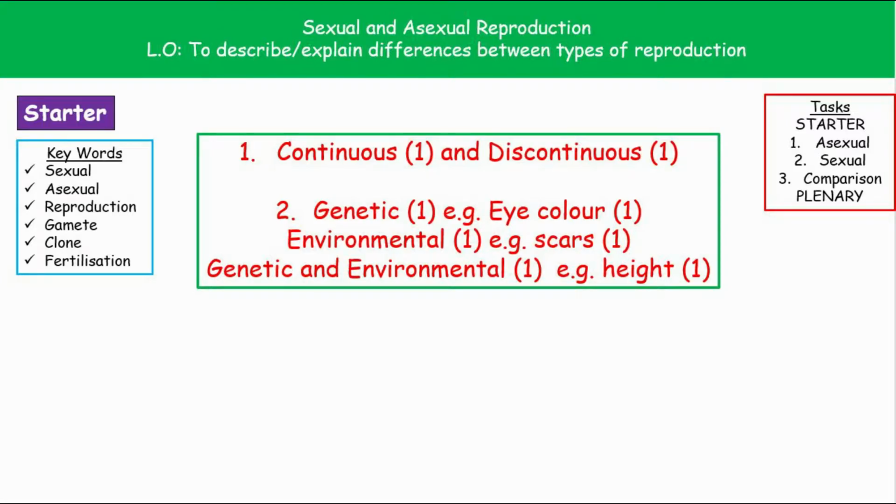So 1 mark for the cause, 1 mark for the example. You could have had environmental, and a correct example there, so scars, tattoos, piercings, etc. And for the genetic and environmental combined, you could have also had examples like height, intelligence, and so forth. So give yourself a mark out of 8 based around your scores there.